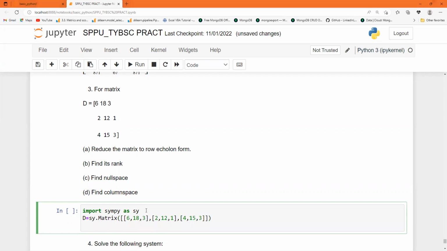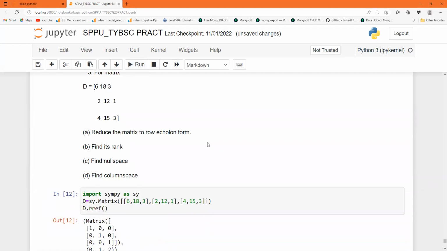Now I have to find the reduced row echelon form. There is a method, guys, rref. In the last practical we have seen that rref, reduced row echelon form. So we will use D dot rref.